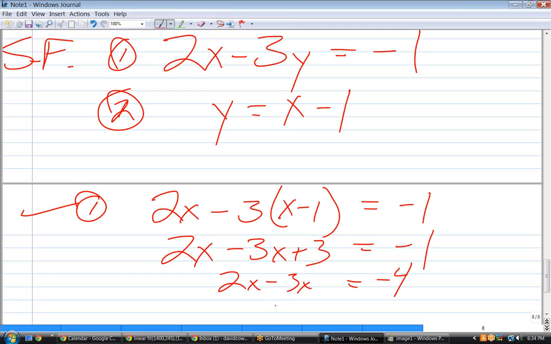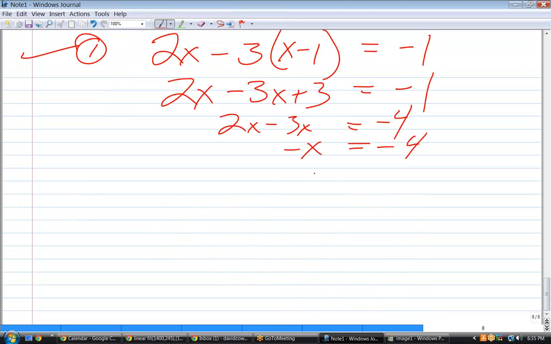And then you have 2x minus 3x, so that becomes negative 1x, equals negative 4. And then divide by negative 1 on both sides, and then that becomes x equals 4.